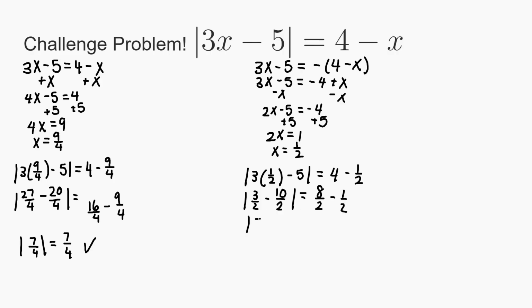So in this case, we have negative 7 halves equals 7 halves. Because there's absolute value, it makes it positive. So it's 7 halves equals 7 halves. So you know x equals 9/4 is a valid solution, and x equals 1/2 is as well.